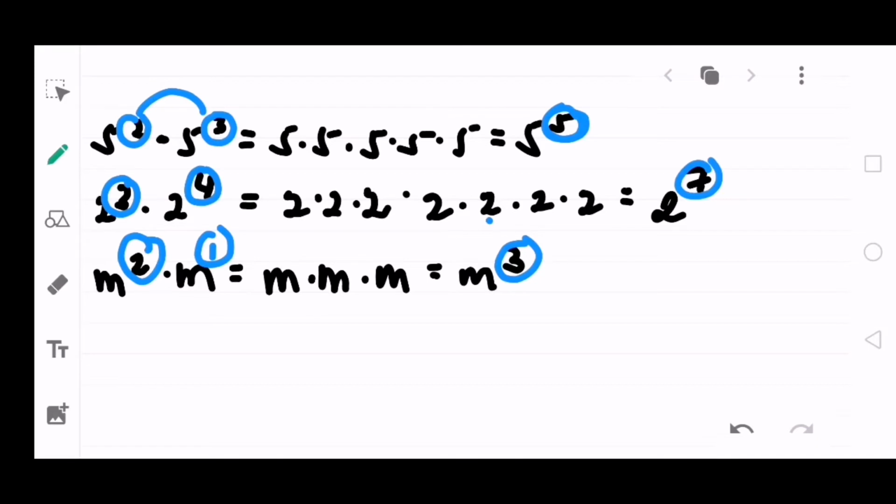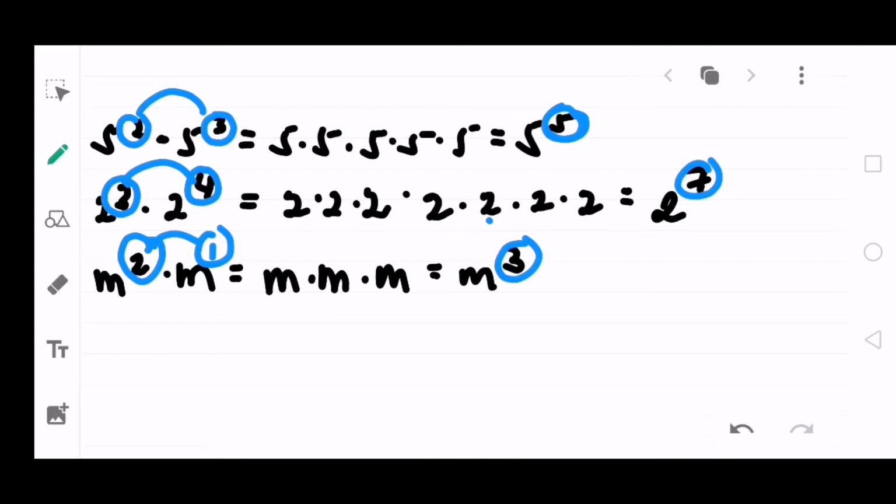So 2 plus 3 is 5. 3 plus 4 is 7. 2 plus 1 is 3. Now, actually, that's the idea of what we so-called the product rule.